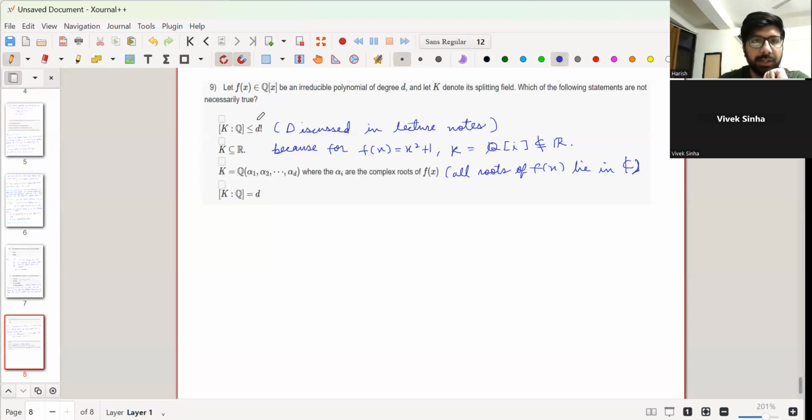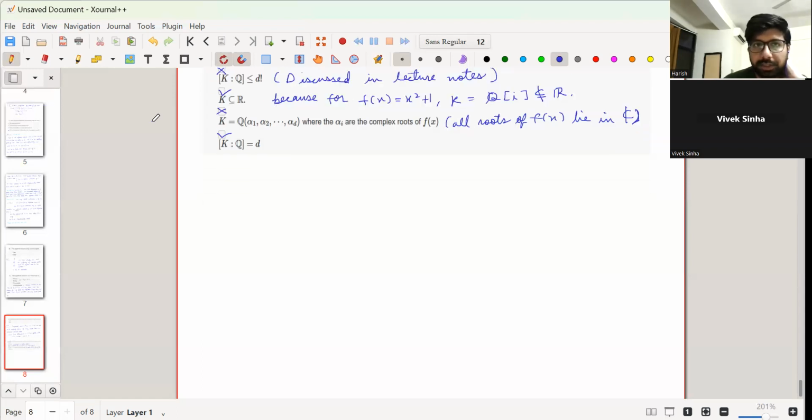So these are not necessarily true. So this is true. So you want me to cancel this, yes, and this is not true. So this should be correct. And this is also true. So this is cancelled, and this is not true. That we will see. So you want me to do this? Yes, okay. Thank you.